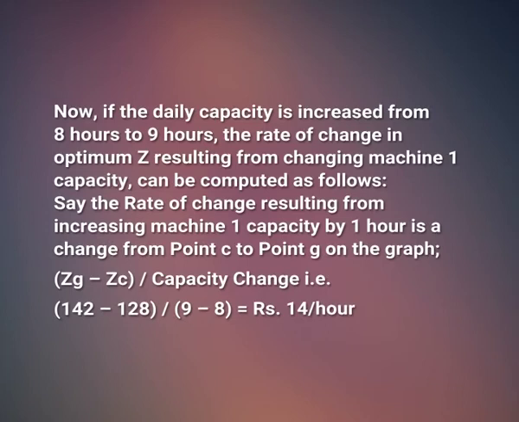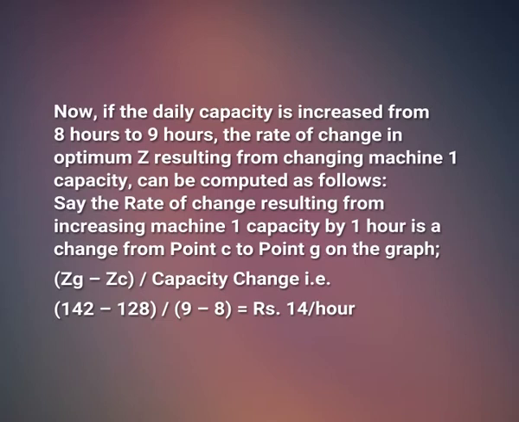The change in the optimum solution when changes are made in the capacity of a machine can be charted on a graph. Now, if the daily capacity is increased from 8 hours to 9 hours, the rate of change in optimum Z resulting from changing machine 1 capacity can be computed as follows.